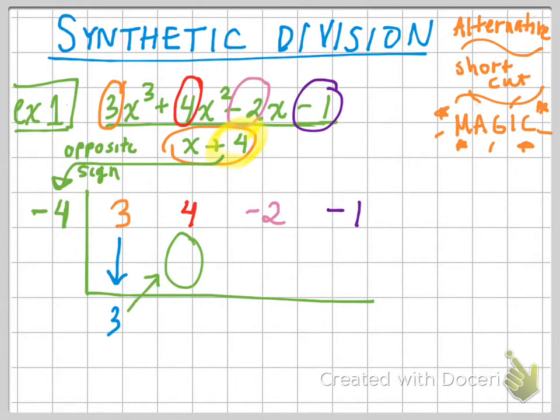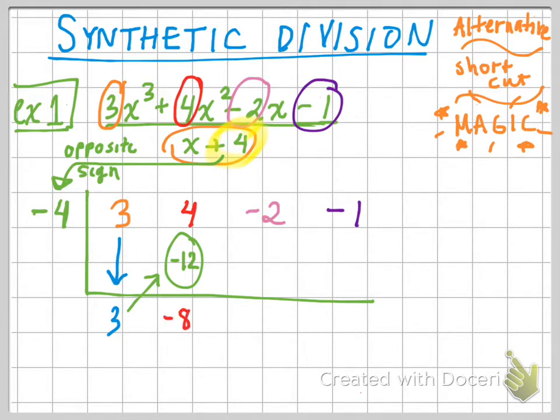So 3 times negative 4 is negative 12. Okay, and now I'm going to take the sum of negative 12 and the number directly above it. In this case, that would be the 4. So I'm doing 4 plus negative 12, and that would give me negative 8, right?